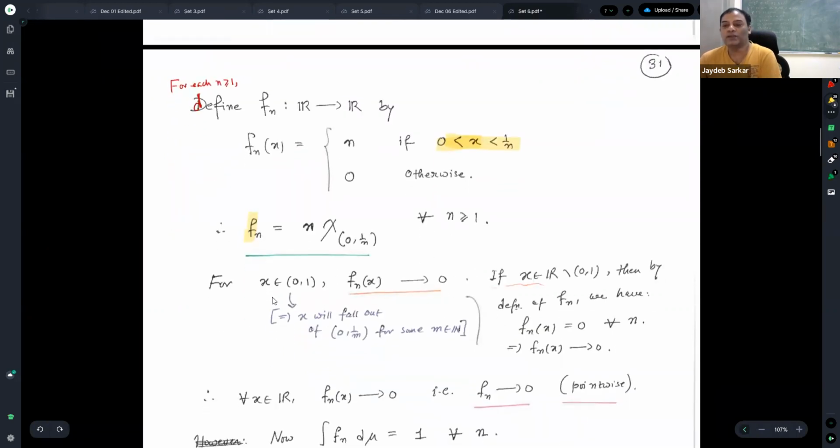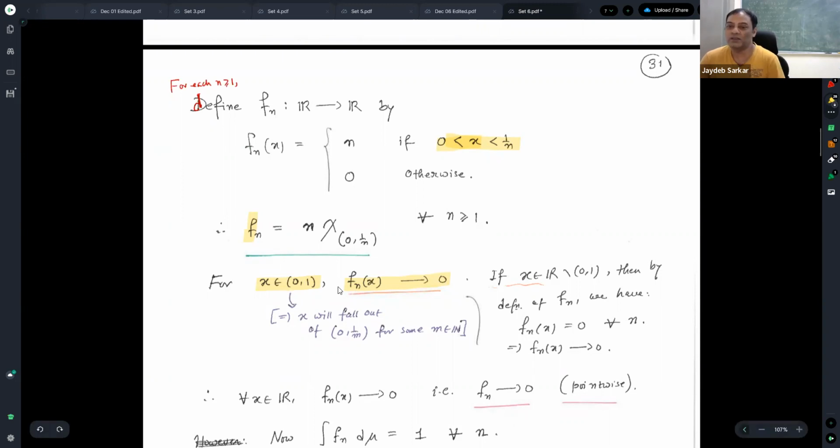Now this tells you Fn(x) converges to 0 for all x. If x is outside 0 and 1, it is 0 anyway, so you have to worry about x in 0 and 1.